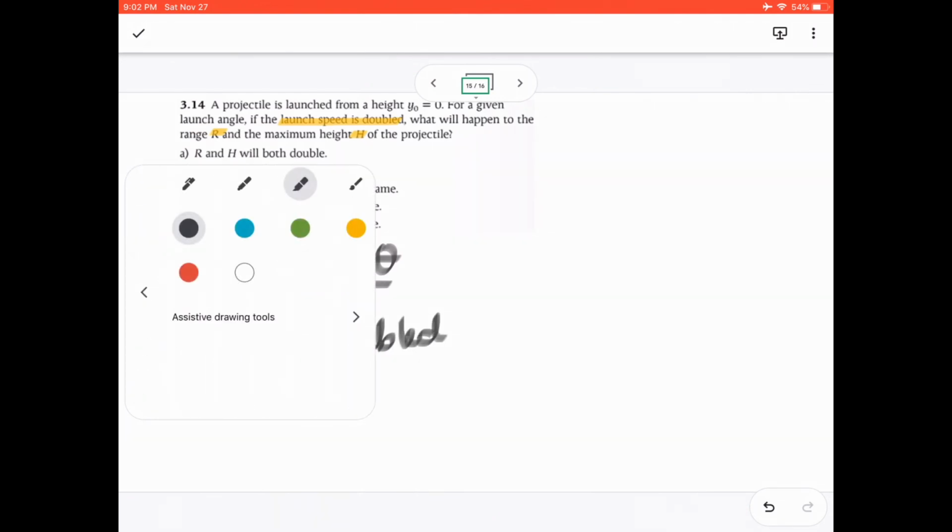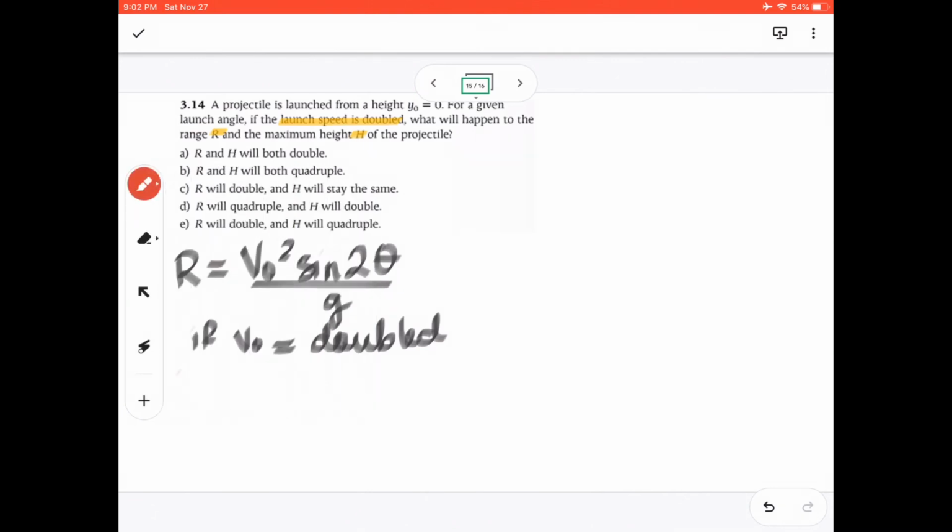What will happen to the range if V0 is doubled? R is equal to, you're going to double V0, so (2V0) squared sine 2 theta over g.